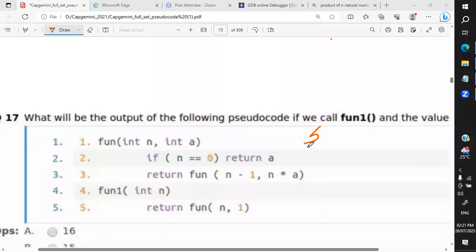N is 5. Here they are telling fun1 is called with n as 5 and 1 is given. That means we are calling the function fun with 5 comma 1. So n value will be 5, a value will be 1 initially. Okay, understood that?